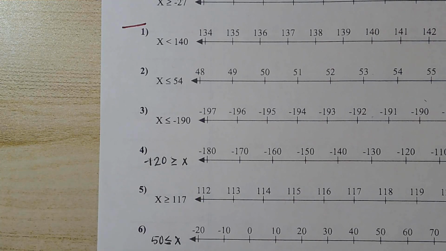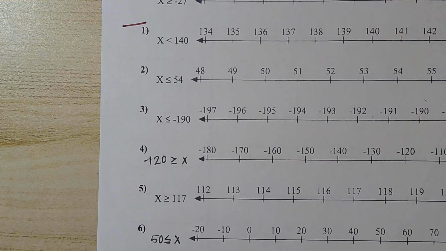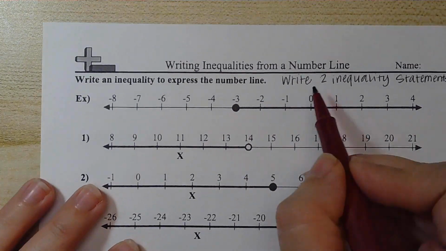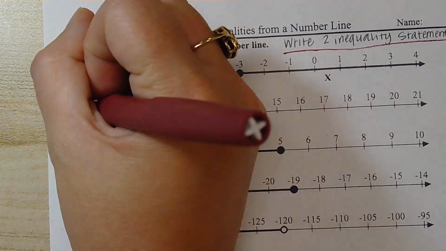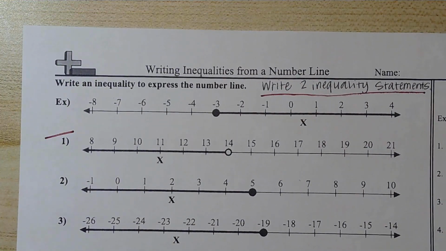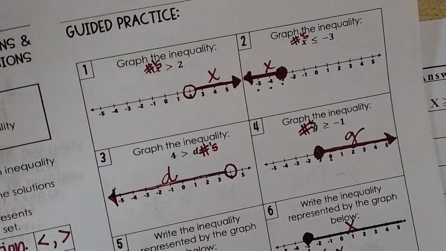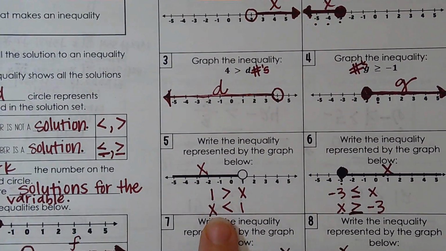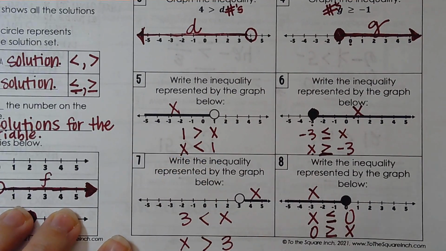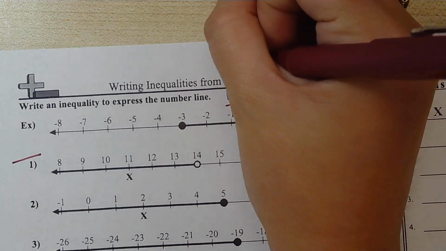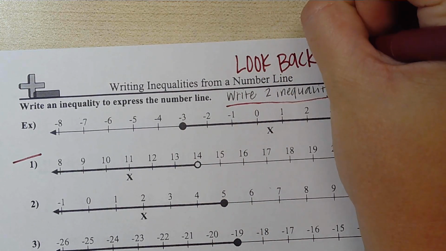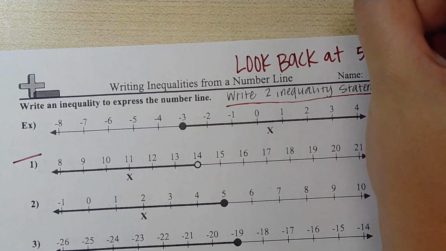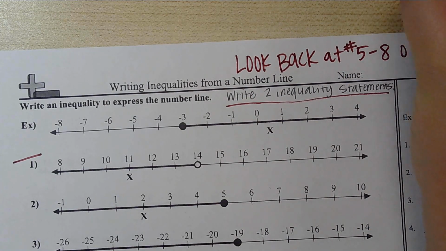Look back at your notes to help you solve this. When I turn this paper over, it says write 2 inequality statements to help solve it. You will only do 1 through 7. You can look back at your notes to help you solve it. And what it means to write 2 inequality statements is how we did 5 and 8 on our notes. So look back at numbers 5 through 8 on your notes.